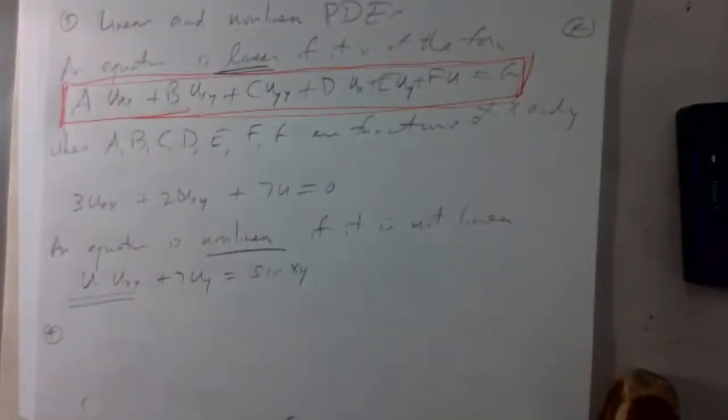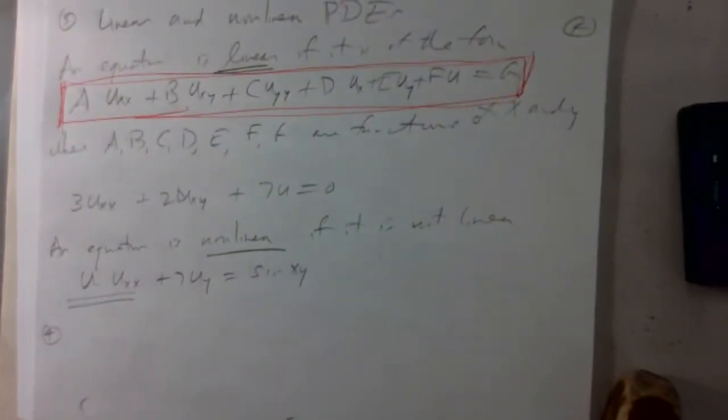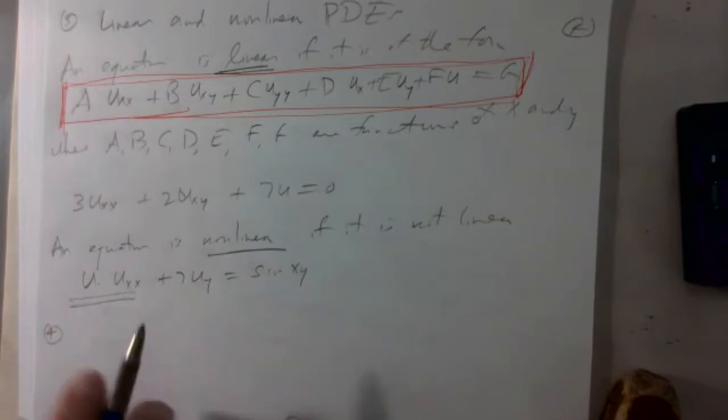Most of the time, we're going to focus on second order equations in two variables. So typically, if we have a linear second order differential equation, it's going to look like this.